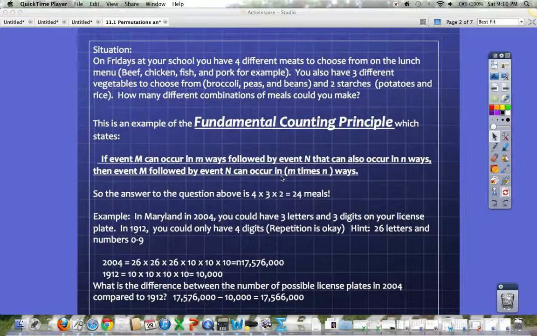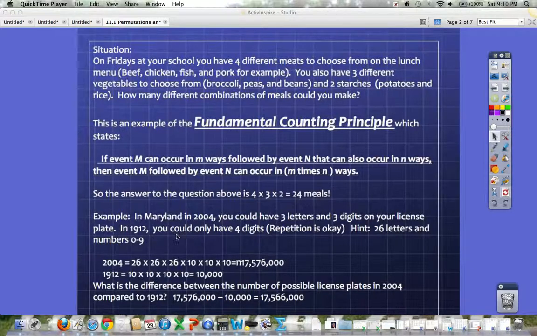All right, another example, which I think is kind of cool. In Maryland in 2004, you could have 3 letters and 3 digits on your license plate. But in 1912, you could only have 4 digits, and repetition was okay. Now remember, there are 26 letters in the alphabet, even in 1912, and the numbers would be from 0 to 9.